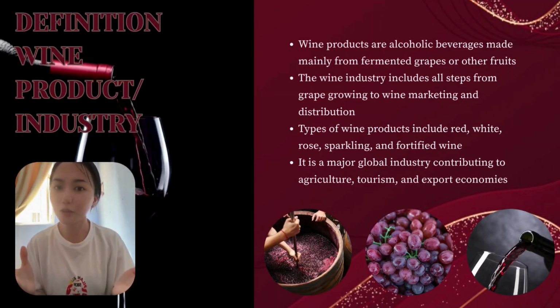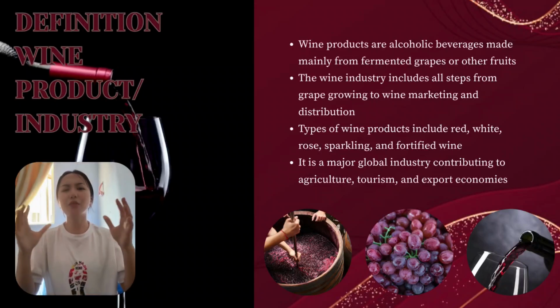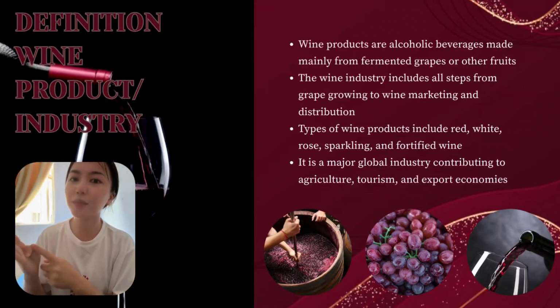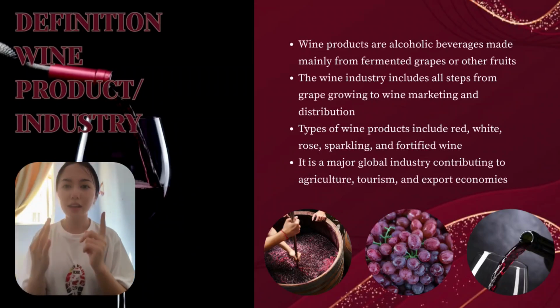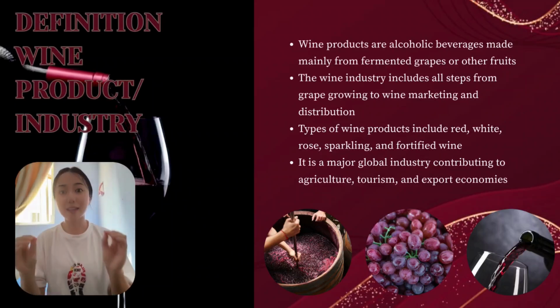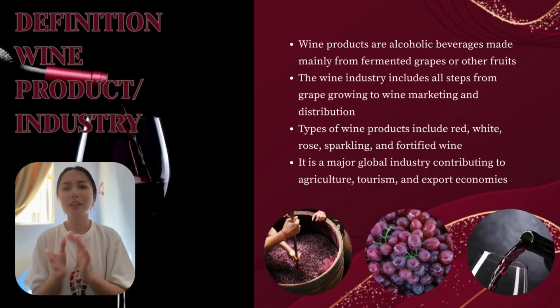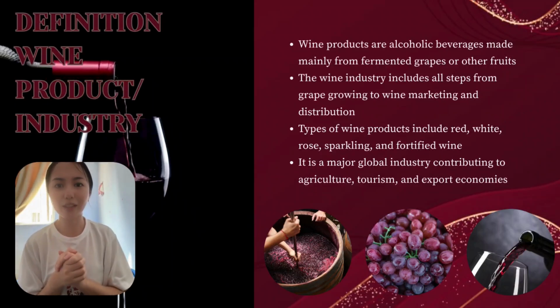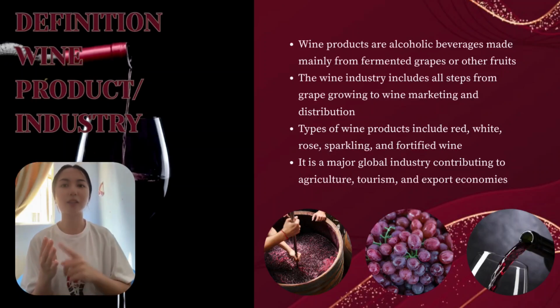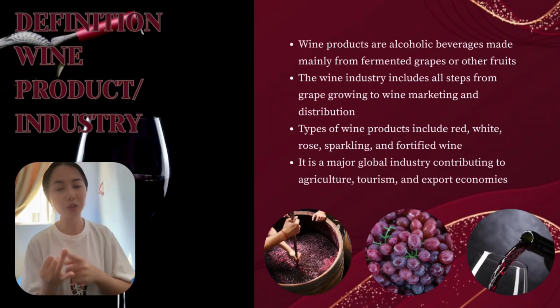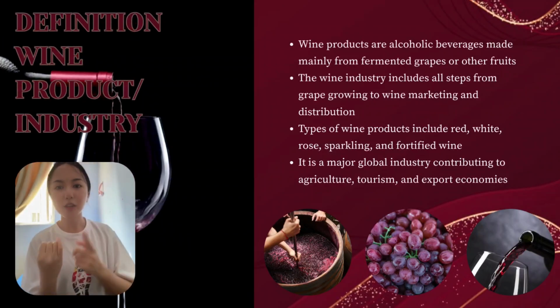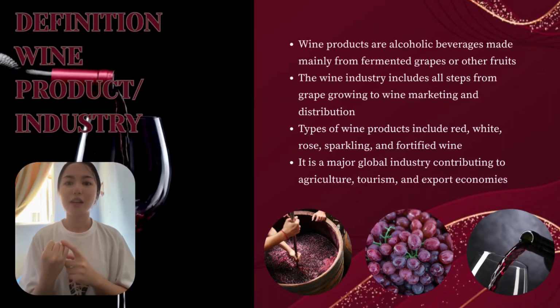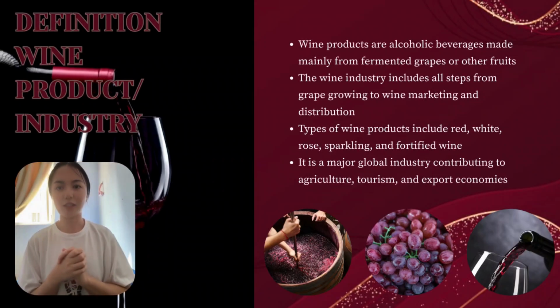The wine industry includes everything from growing grapes to making the wine and even marketing and selling it. There are different types of wine such as red wine, white wine, rose, sparkling wine, and fortified wine like port or sherry.